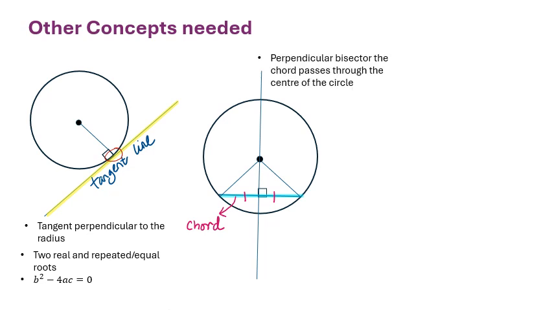Perpendicular means the bisector and the chord form 90 degrees. And bisector means this distance here is the same as this distance here. Right, so this perpendicular bisector of the chord will pass through the center of the circle. This concept is very useful for finding the center of the circle.